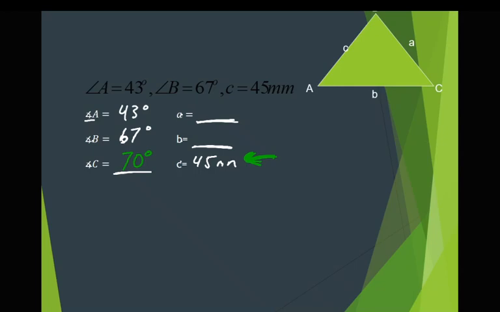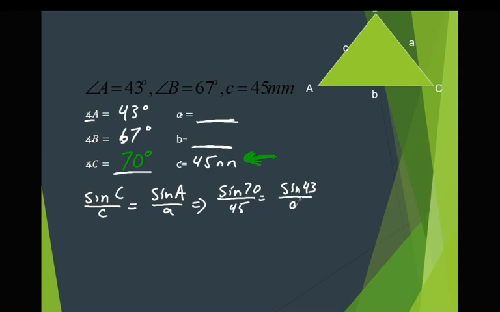Okay, so my first ratio, and I'm just going to write it, we're going to be using sine C over C, and I'm going to look for A first. Sine A over A. Plug in what I know, so it's going to be sine of 70 over 45 equals sine of 43 over side A. Okay, and then we're going to cross multiply and plug it into our calculator.